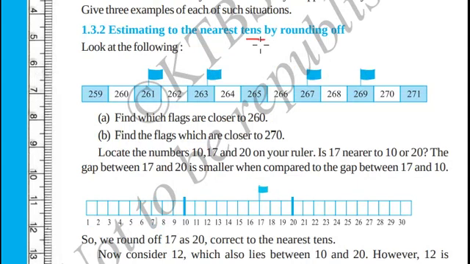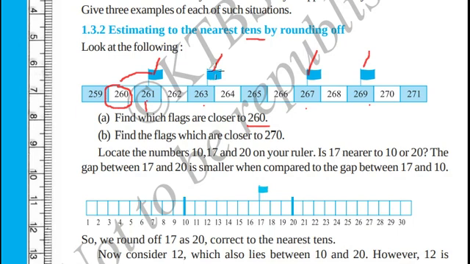Estimating to the nearest tens by rounding off. Find which flags are closer to 260. There are 4 flags at positions 261, 263, 267 and 269. Which of these flags are closer to 260? 261 is closer to 260 because the difference is only 1.